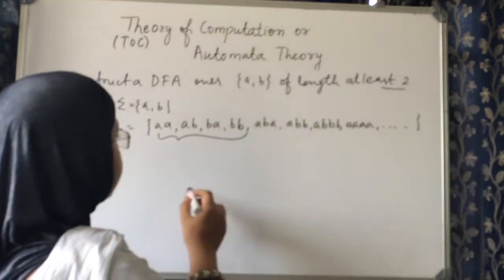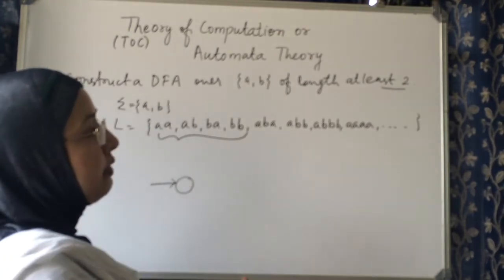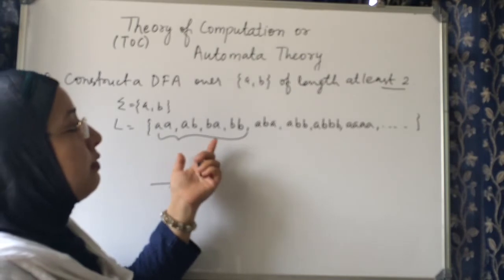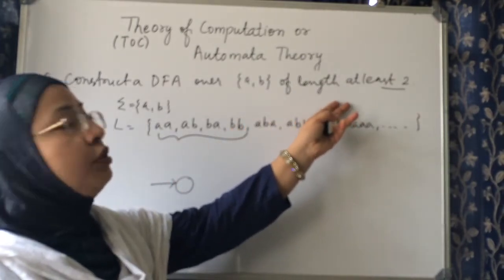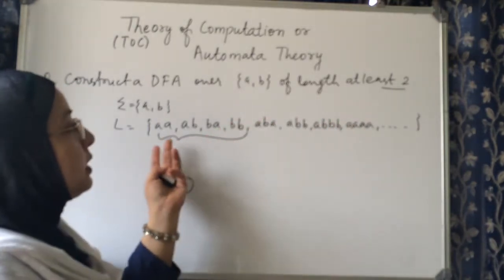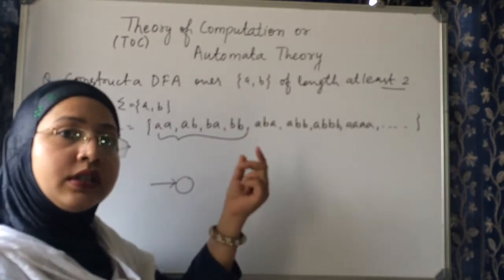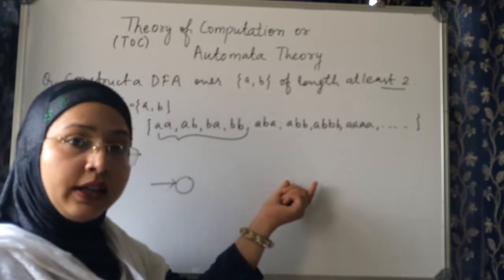Again, the basic things will remain the same. In the last video we discussed this type of question, but there it was given that the length of the strings should be 2 only. But here it is at least 2. It means it can see more than 2 also. Those strings are also acceptable. Those strings should also reach the final states.